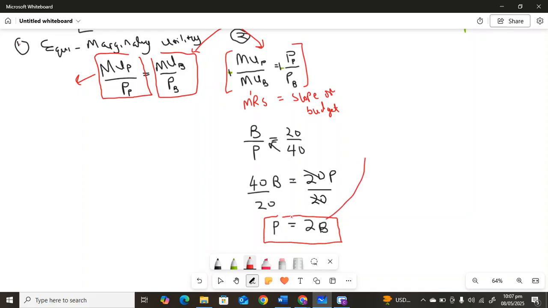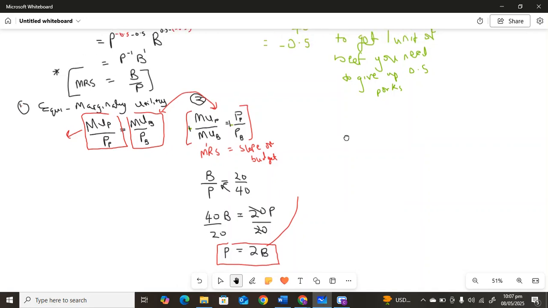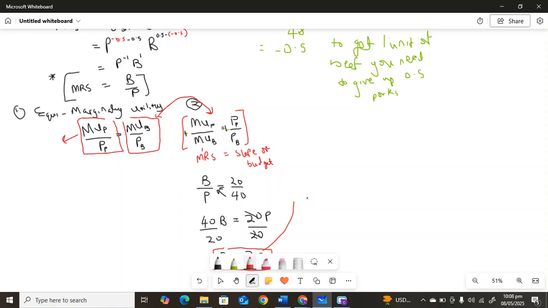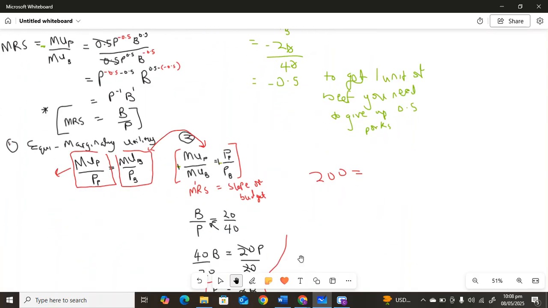We're going to take it back into the budget constraint equation so that we can find the number of units of pork and also the number of units of beef. Okay. So our budget constraint equation was 200 equals 20P plus 40B.